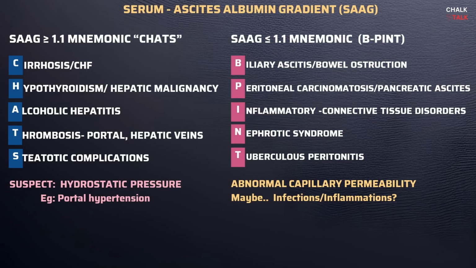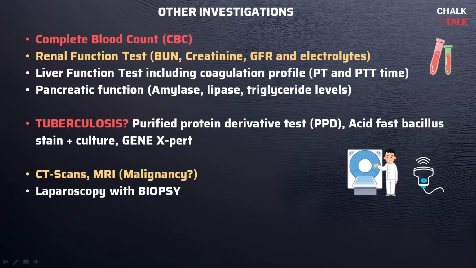Now we can take a further look at the evaluation, and beyond paracentesis, a full evaluation helps identify the underlying cause. So you want to take a look at complete blood count, check for infection, anemia, and even clues for malignancies.